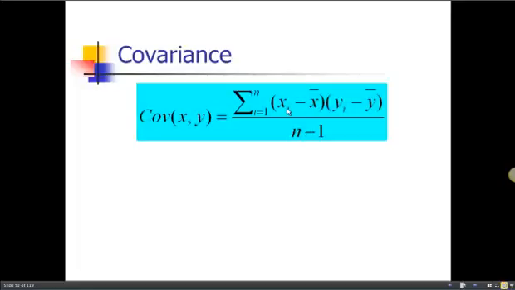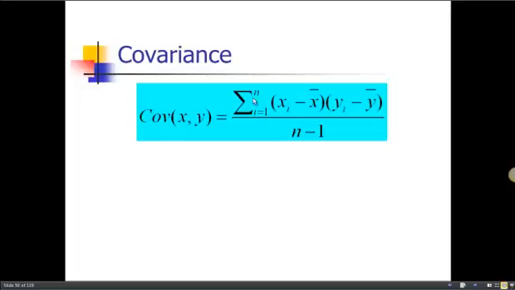Okay, so we have our variable x and we have x bar, the average value of x. We have y and we have y bar, the average value of y. For every x value, we subtract the average x value, and that becomes the deviation of x. Similarly, we have the deviation of y. For every pair of observations, x and y, we take the product of those two deviations.